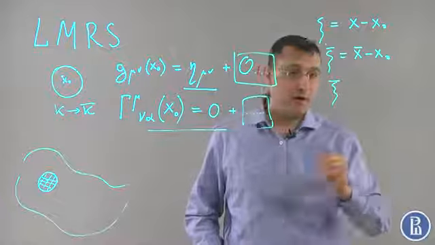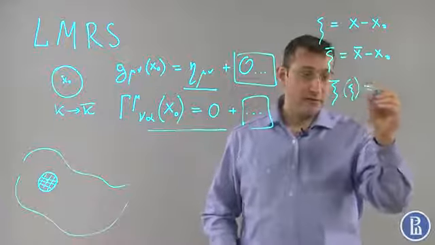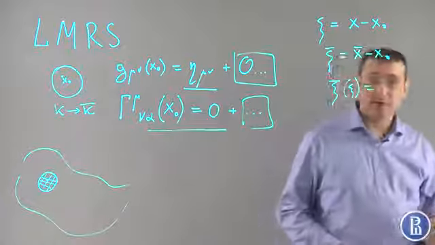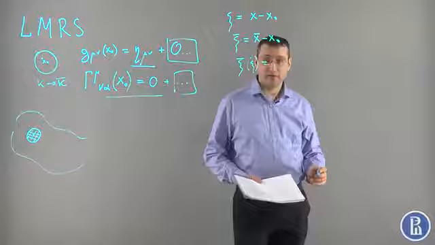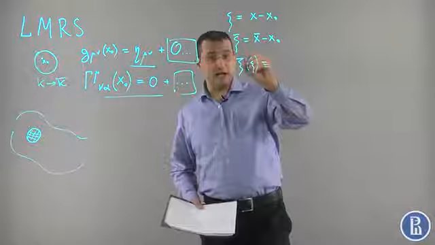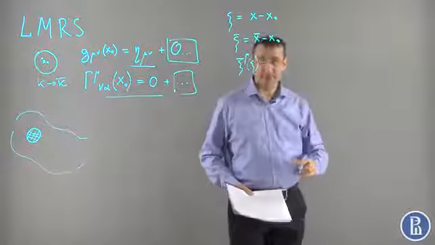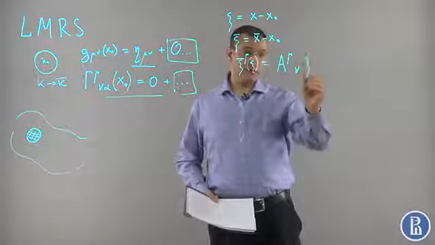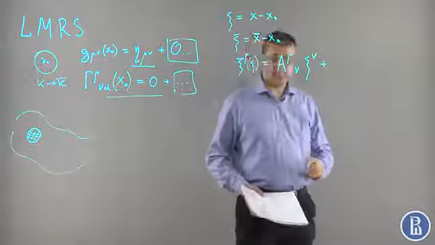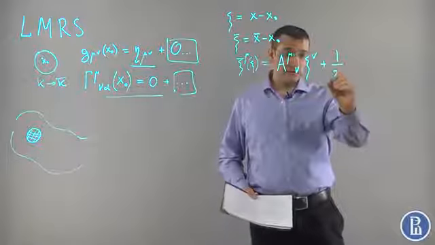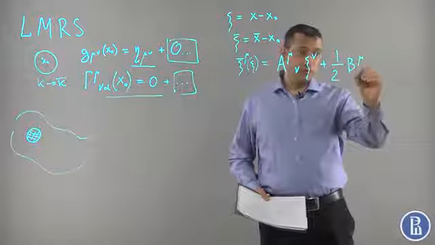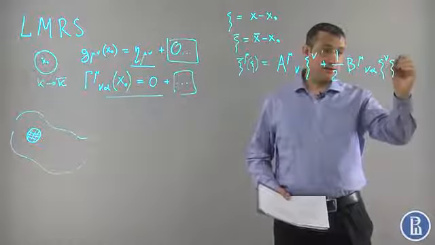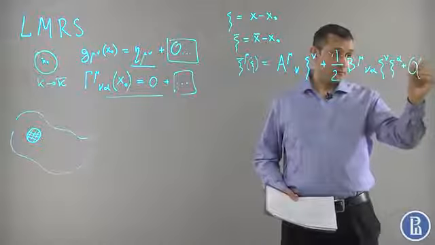It means that ξ bar is a function of ξ. And because I'm in a small vicinity of this point, I can do a Taylor expansion, which means that ξ bar^μ as a function of ξ is a^μ_ν ξ^ν plus 1/2 b^μ_{να} ξ^ν ξ^α plus of order ξ cubed.